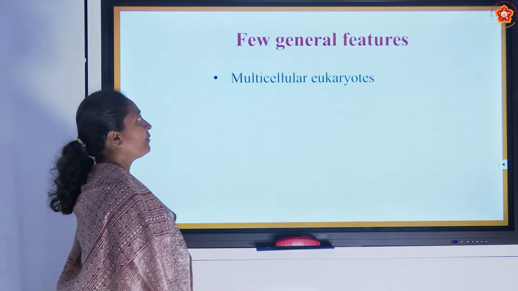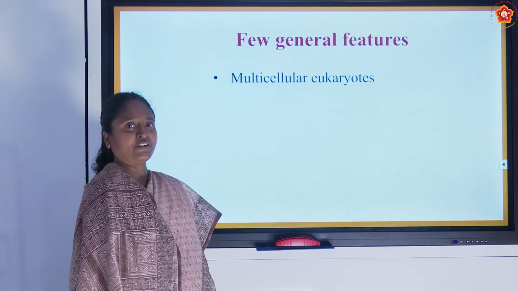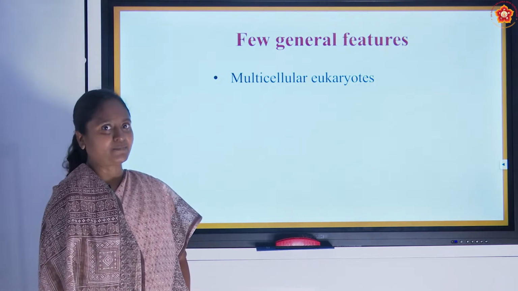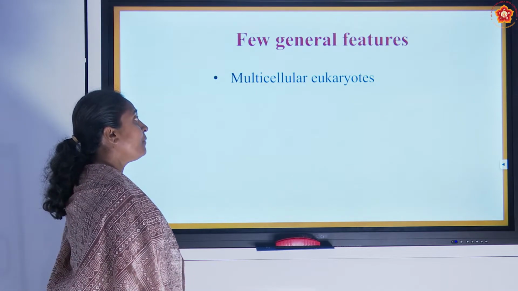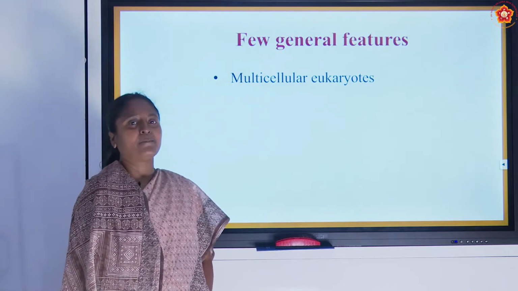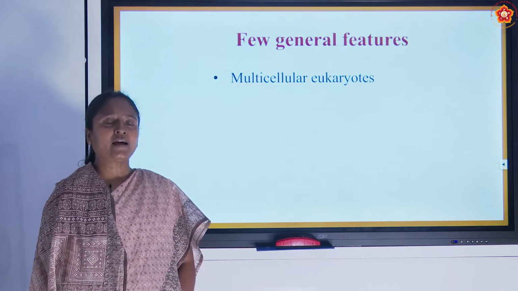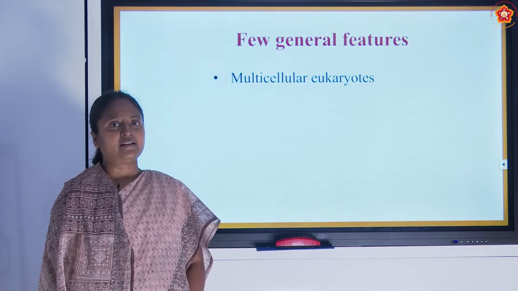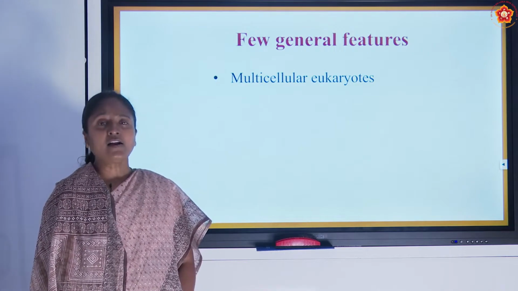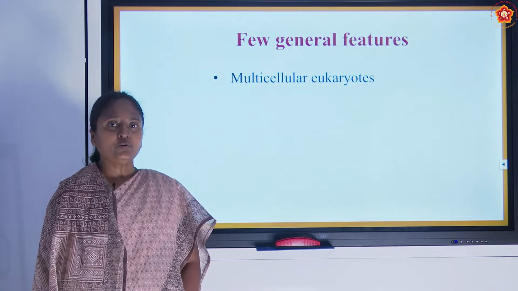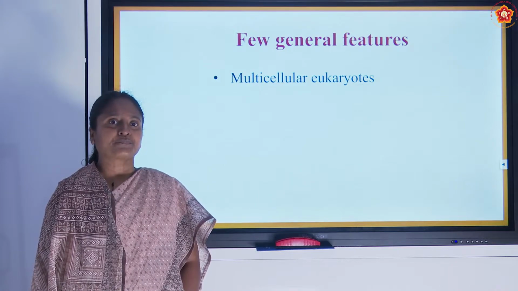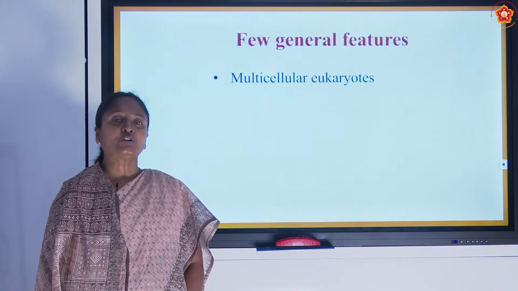Now we will see some of the general characteristic features which are present in the kingdom Animalia. They are all multicellular organisms. Multicellular means they are made up of more than one cell, multiple celled, and they are all called eukaryotes. Eukaryote, Eu means true. That means they have a true nucleus.